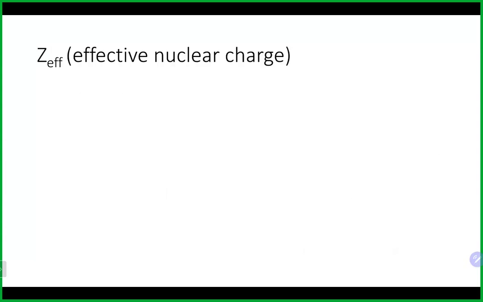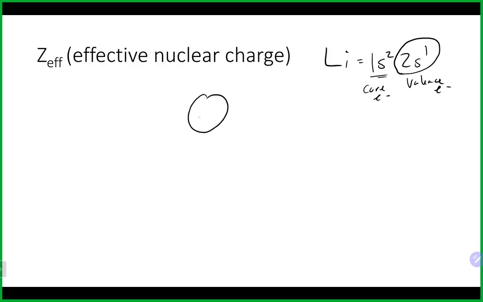We might have touched upon it in that lab last week, but the first thing is effective nuclear charge, which again is Z effective. If we look at a pretty straightforward example, which is lithium, 1s2 2s1, lithium is group number 1, which means this is its valence electron, and these are its core electrons. Lithium has a positive 3 charge in the nucleus because it has 3 protons, and we do have 3 electrons.